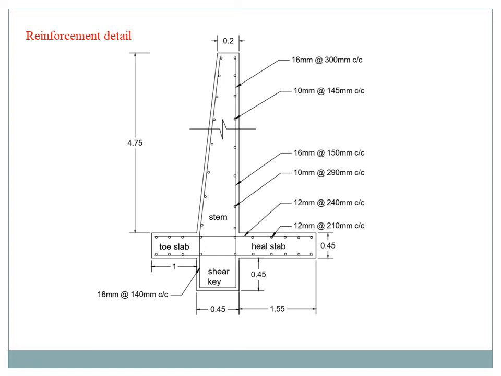Then for the heel slab, our main reinforcement is 12 mm dia bar at 240 mm center to center distance, and our minimum reinforcement is 12 mm dia bar at 210 mm center to center distance. The shear key is 16 mm dia bar at 140 mm center to center distance. So mark all the values from our previous steps.